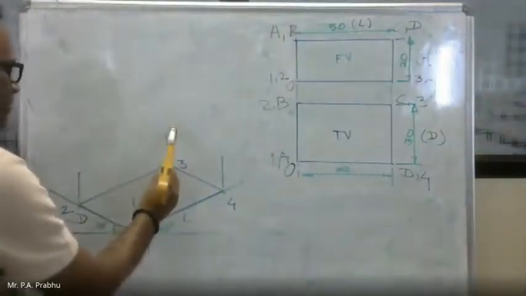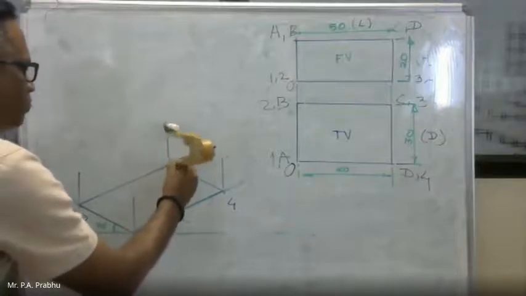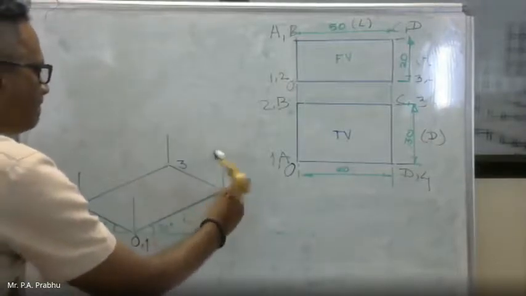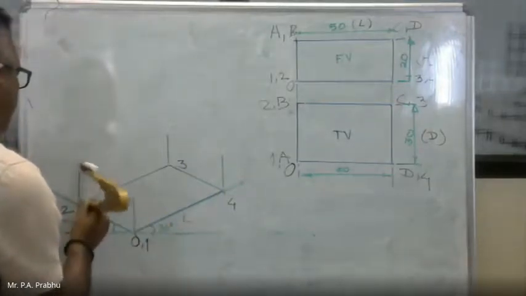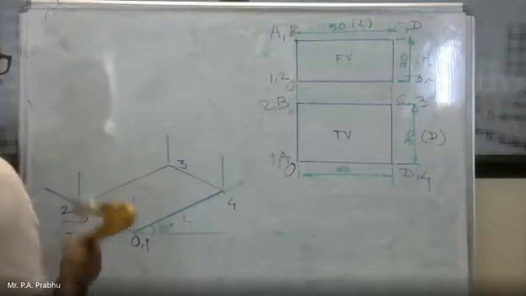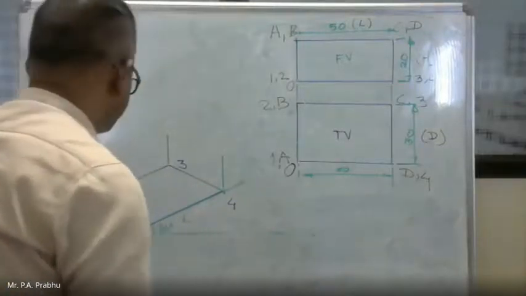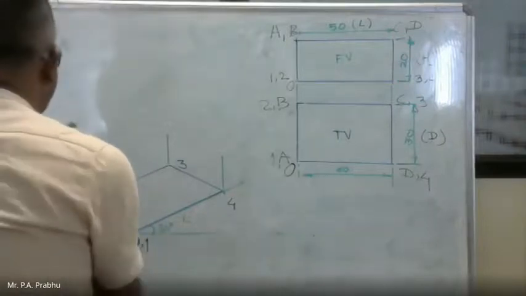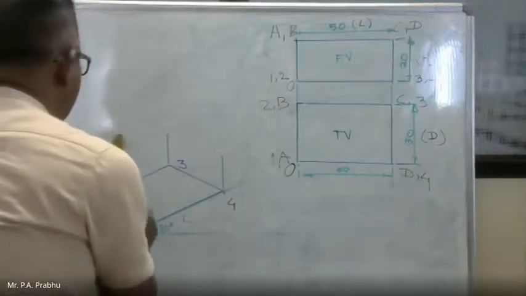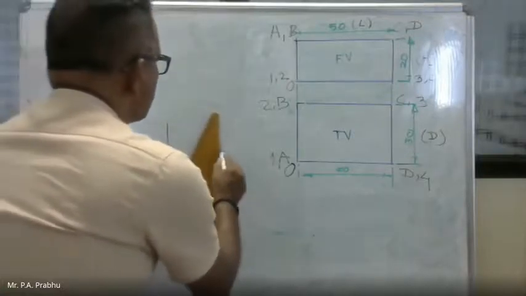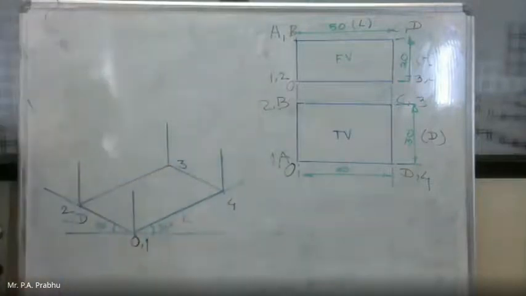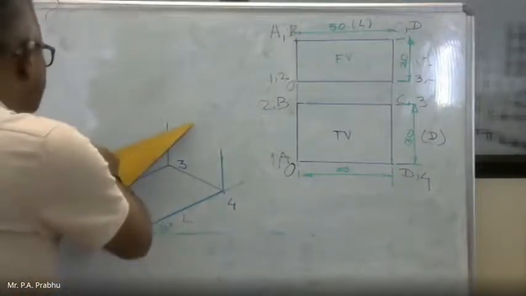So mark the height 20 mm from all these 4 corners, and now join the top surface.